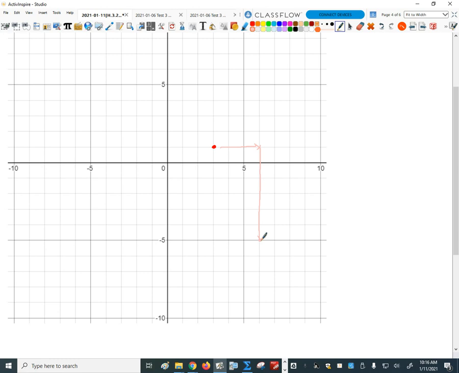So we got a point there. Third time's the charm. Got a point there, and we got a point there. And I'm going to connect these now with a dashed boundary. Those aren't very good dashes. That's a little better.